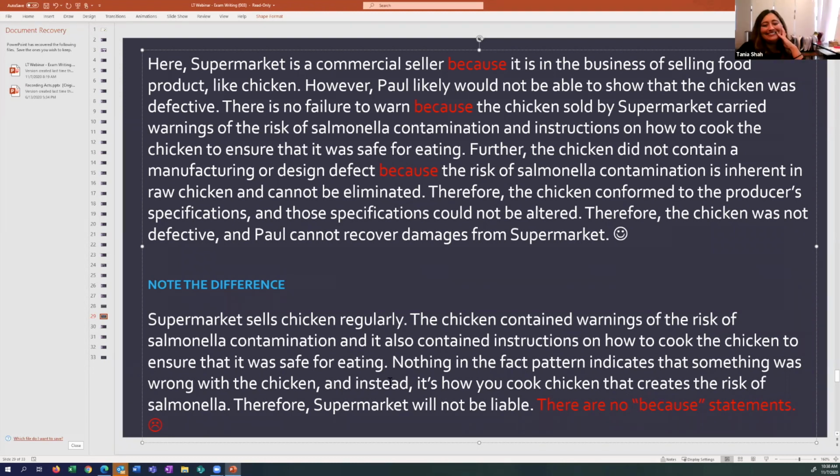Where is the because, as both Professor Shah and Professor Raposa have pointed out? Nothing in the fact pattern indicates that something was wrong with the chicken. Instead, it's how you cook the chicken. Okay, well, I could potentially be fooled into thinking that was a really important thought out statement. But then I take a second look and I'm like, oh, it's not really telling me much of anything.